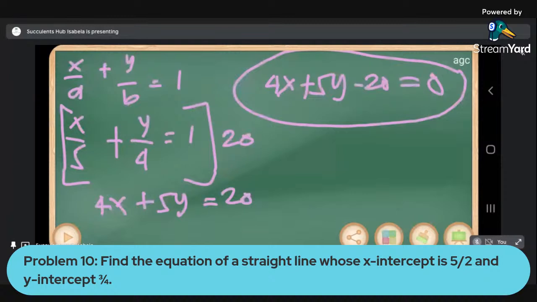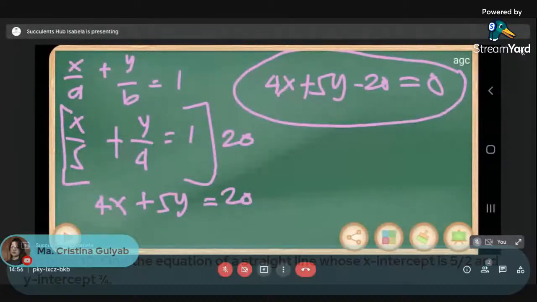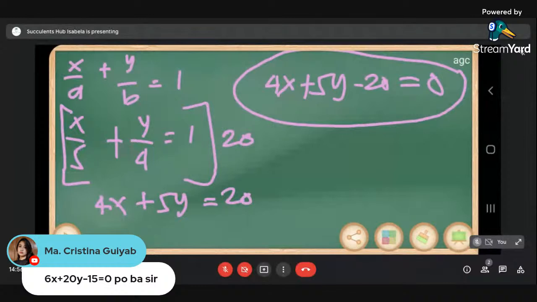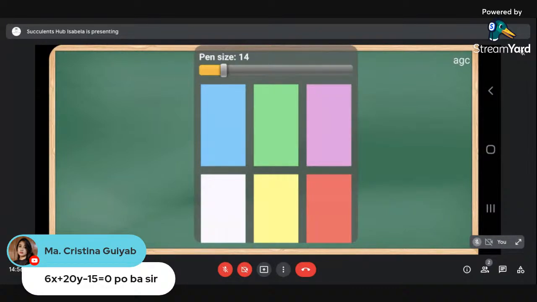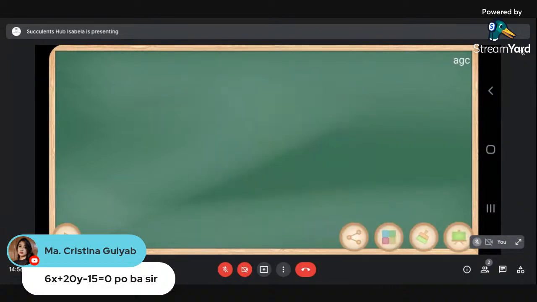Come on. So Christina's answer is 6x plus 20y minus 15. That's correct. Ano? So Christina got the correct answer. 6x plus 20y minus 15 is equal to 0. Ayan. Okay? So napakadali. Paano ba niya ginawa yan? So I'm going to show you that. But if you're still working on it, guys, just keep working on it while I'm showing you the solution on the board.